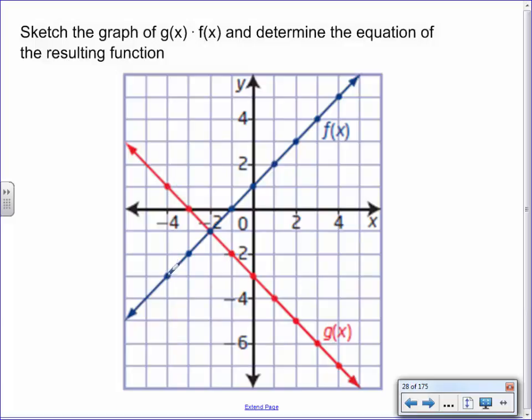So 1 and negative 3 will give you negative 3. You good? Okay. For this value here, you've got a 0 and a negative 2 being multiplied. So 0. Here you've got a negative 1 and a negative 1 being multiplied. So positive 1.